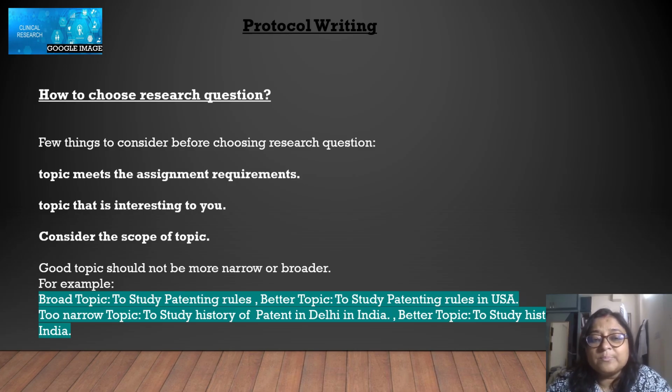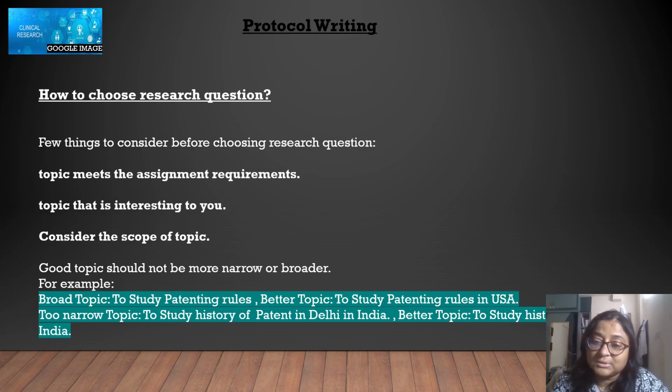First, the topic meets the assignment requirement. A research question is written when you have some research subject, research topic, or some assignment for your project or your thesis, anything, and at that time you write the research question. So you must be careful that your research question meets your assignment requirement.